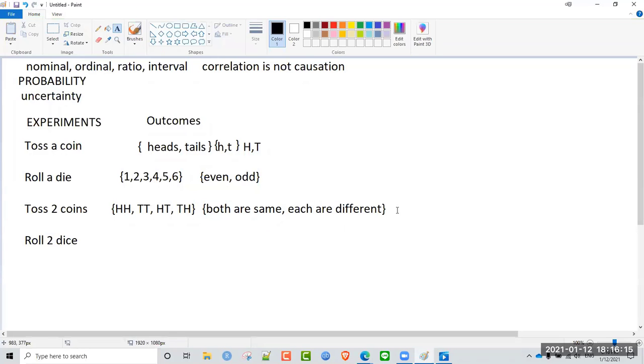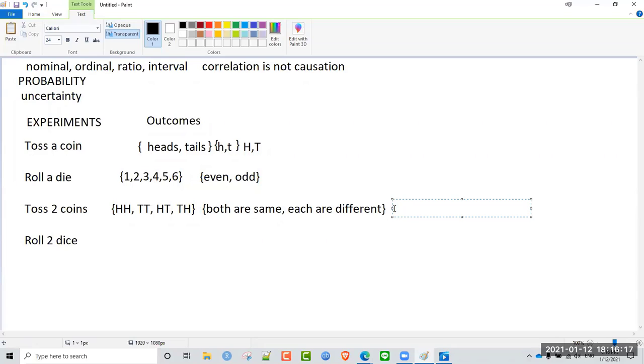Any other way? I have one more idea, and that is this one. I could do 0 heads, 1 head, 2 heads. Does everyone get that? That also works, because that's all the possibilities. You could get 0 heads when you toss two coins, you could get 1 head, or you could get 2. Does everyone agree with that?